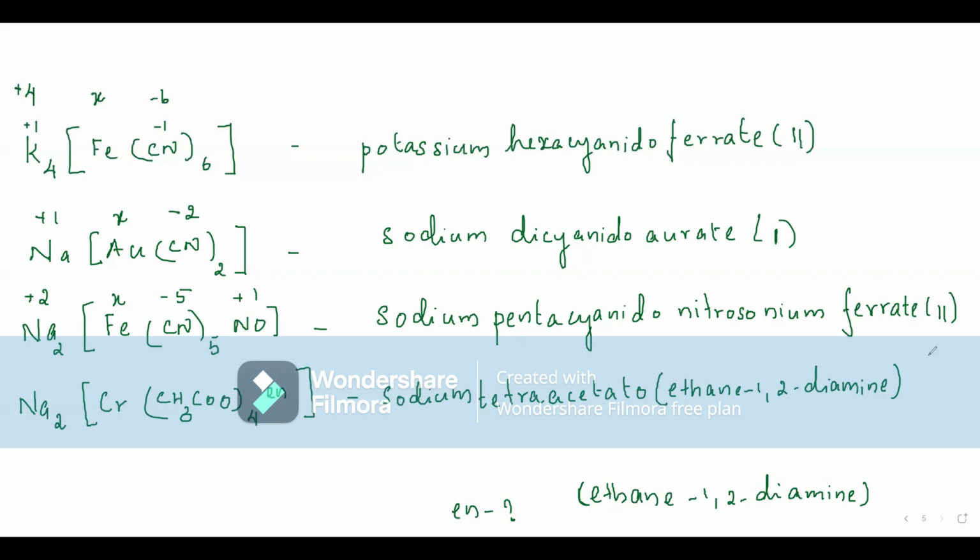So we need to make sure that whatever is written in the bracket is a ligand. Ethane 1,2-diamine is a single ligand. Now, then the name of the metal, chromium, so chromate, and the bracket with the charge. +2, X, tetraacetato is -4, ethylene diamine or ethane 1,2-diamine is a neutral ligand.